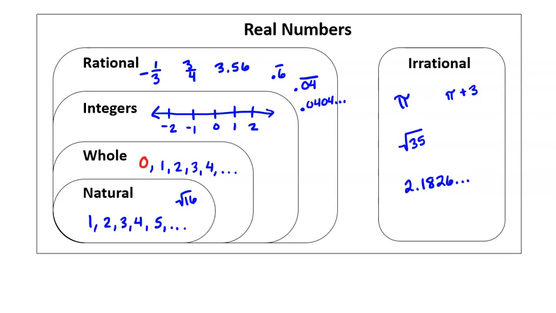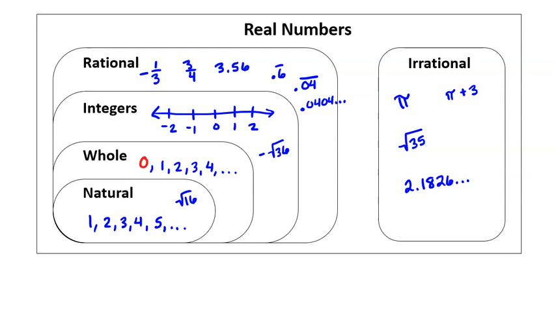Even if I have, let's say, a negative square root of 36, this is going to give me negative 6. And negative 6 is a number that I would see on a typical number line. So you definitely need to make sure that you simplify any radicals or even fractions before you classify.